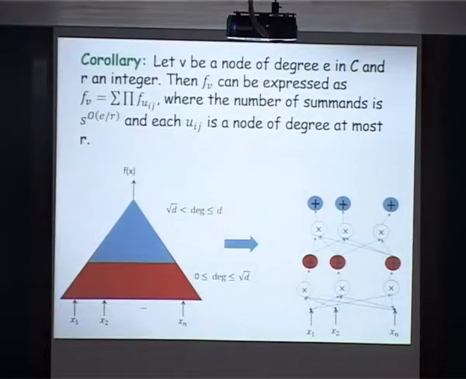And when you do this, for this part, choose R to be 1, and this corollary assures you that for each red node, the circuit underneath it is a sum of products circuit, so depth 2 circuit, and it has size S to the square root d.